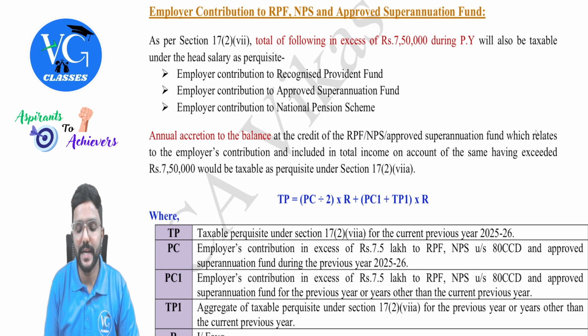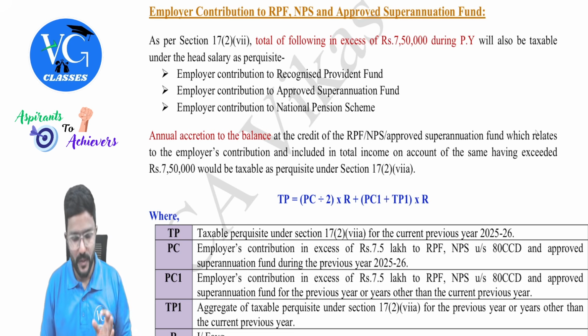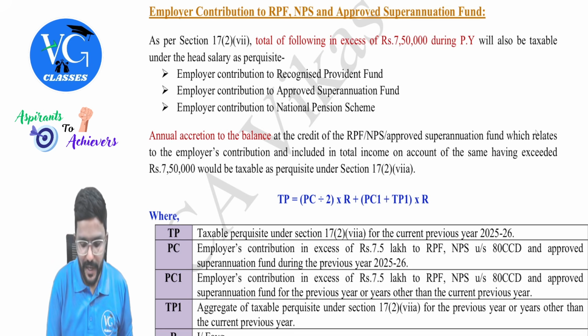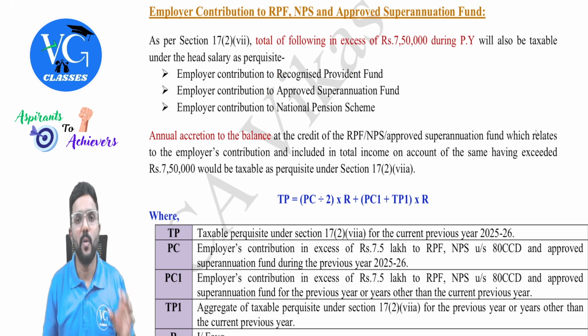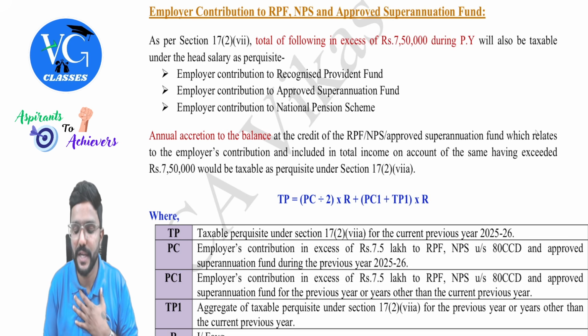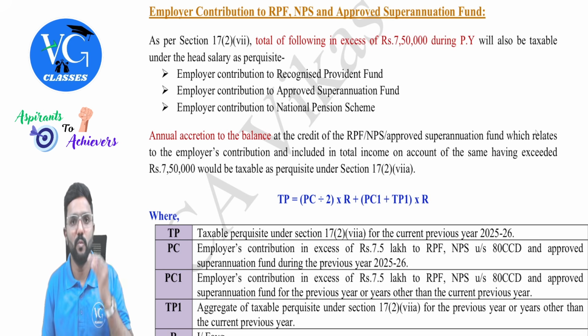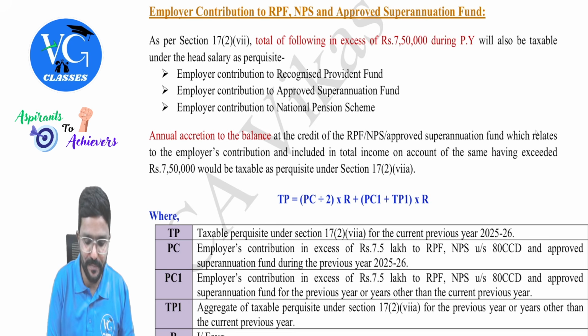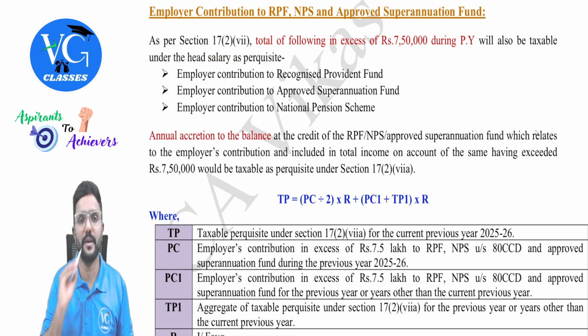Employer contribution to recognized provident fund, national pension scheme or approved superannuation fund during the year, guys. So if employer is contributing more than 7,50,000 in a year for any of this fund, whatever is the employer contribution in excess of 7,50,000 will be taxable in the hands of employee as perquisite as per section 17(2)(vii).